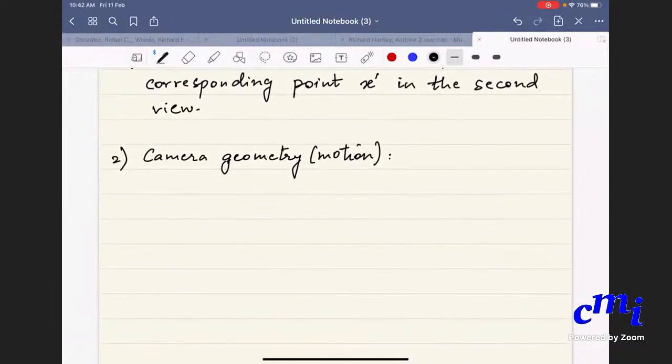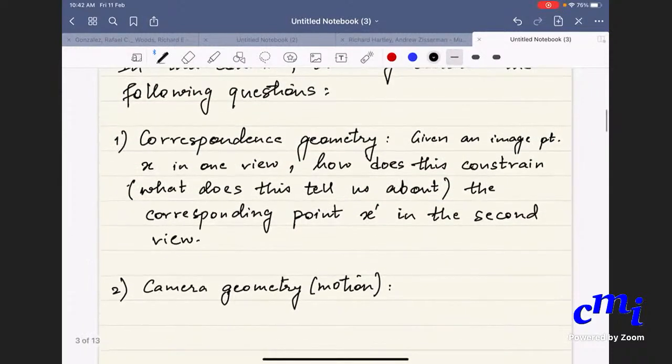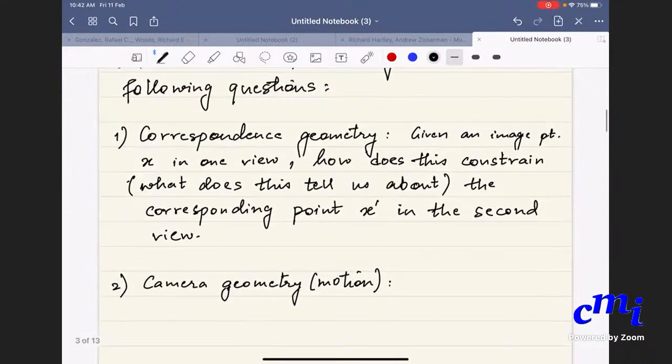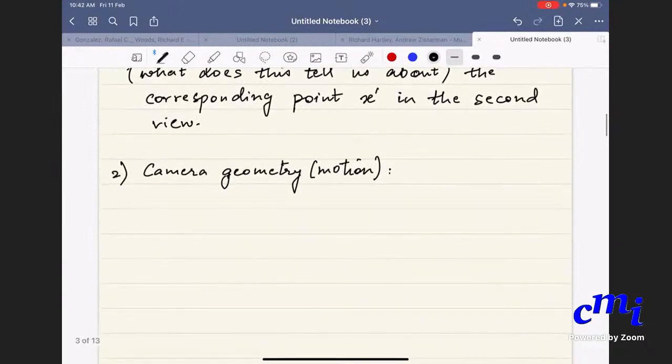The second question is about the camera geometry. The first was about correspondence in the image points. The other thing you can ask is how the camera matrices are related.